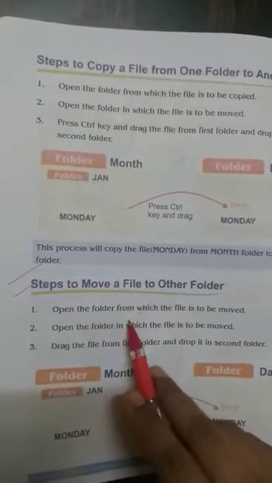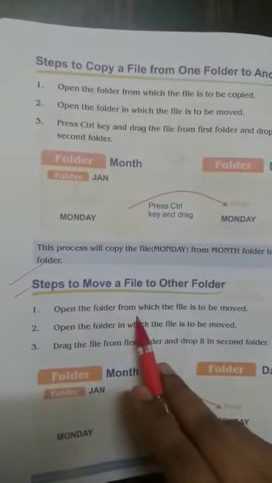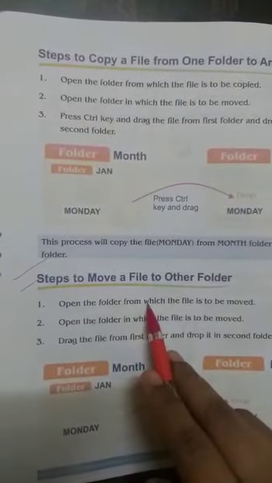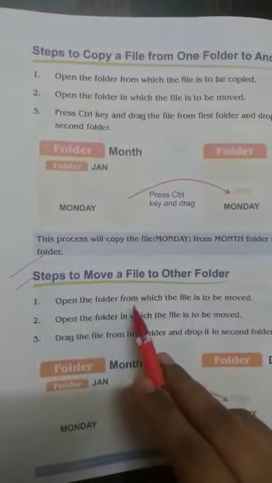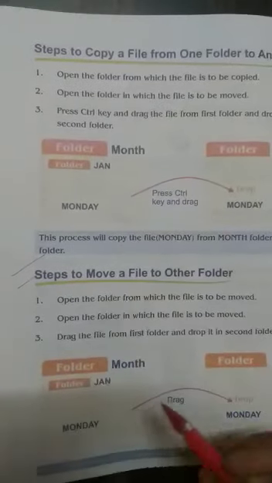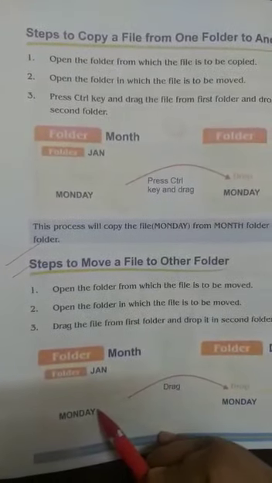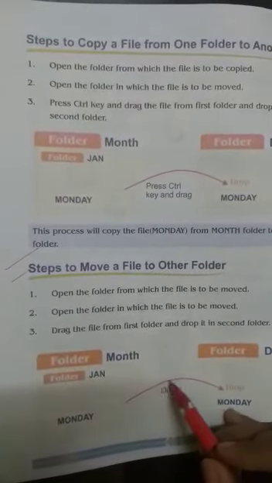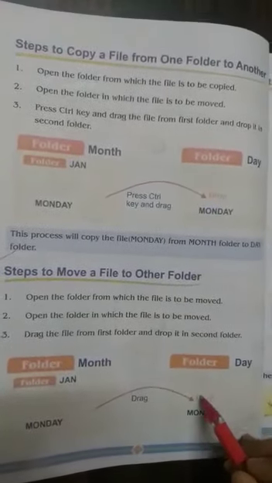So these two points are the same while moving a file or copying a file from one folder to another folder. Now in the third point, what we have to do is drag the file from the month folder and drop it in the second folder.